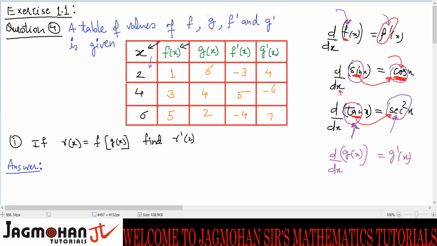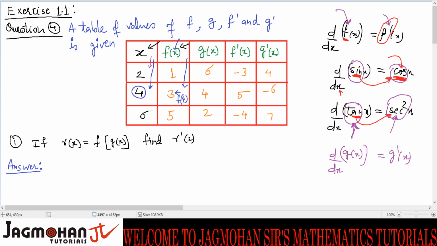Then check this. When x value is 4, f of x value is 3. So what does this mean? It means here where you have x, you will write 4. So you will get 3. This value is f of 4.